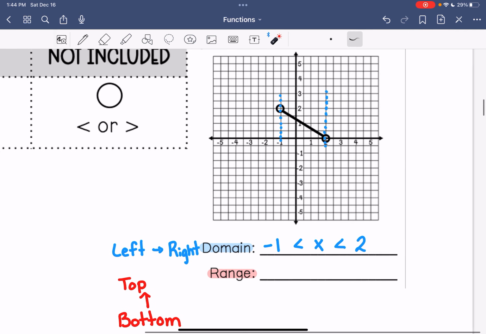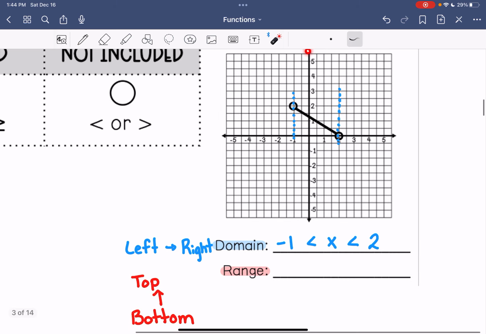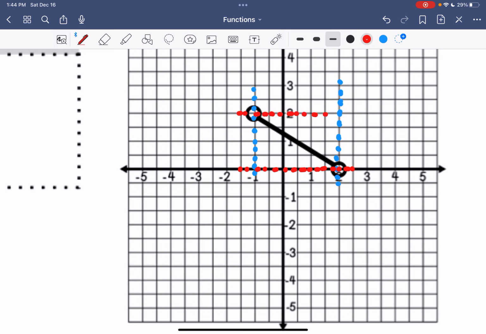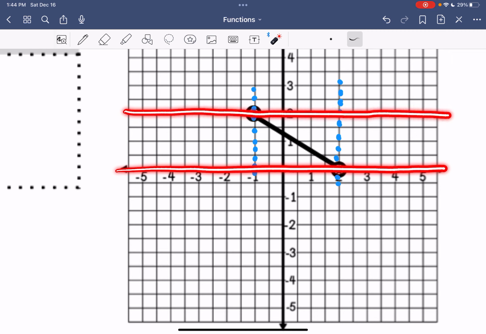Let's go ahead and do the range. In this case, we are asking ourselves how tall our graph is. Okay, range, bottom to top. We're looking at our y values here, up and down, and measuring how tall our graph is. Seeing how low our graph goes. Seeing how high our graph goes. In this case, bottom to top, my graph ends here at y equals 0, and it goes up to y equals 2.